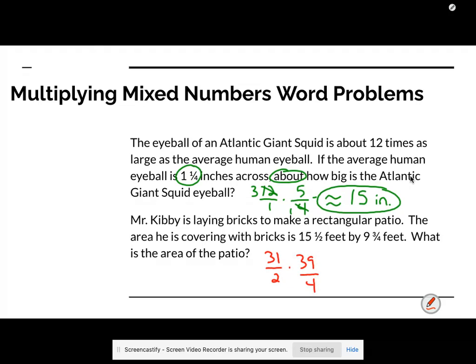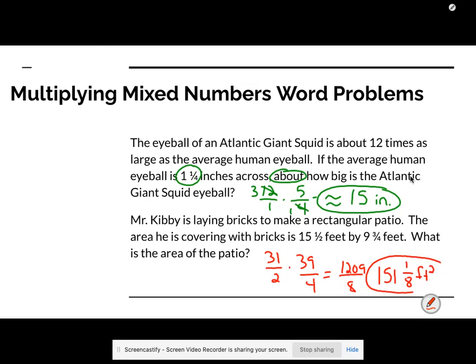And so here there's nothing I can cancel, so I basically just have to multiply across and divide. So 8 is going to go here, and I get 1,209. When I divided this out, I ended up with 151 and 1/8 feet squared.